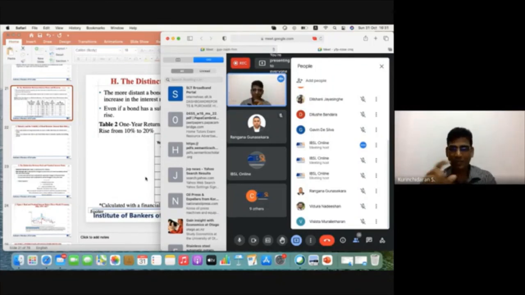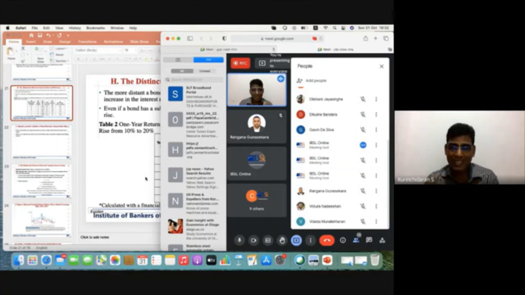Let's assume 5% max. So 2% you are losing. Prices increase by 7 rupees, but your wealth has increased by only 5 rupees. You are going to lose 2 rupees.